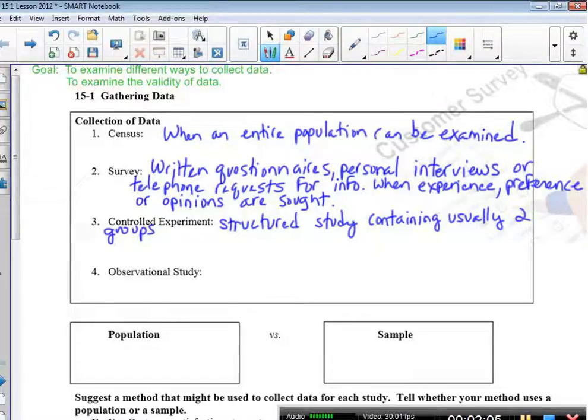One that tries a new medicine, or some sort of technique or method, I'm going to put down, and one that does not.